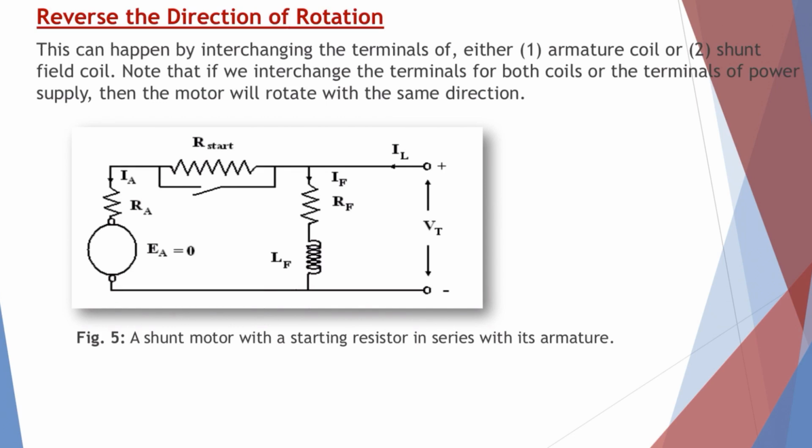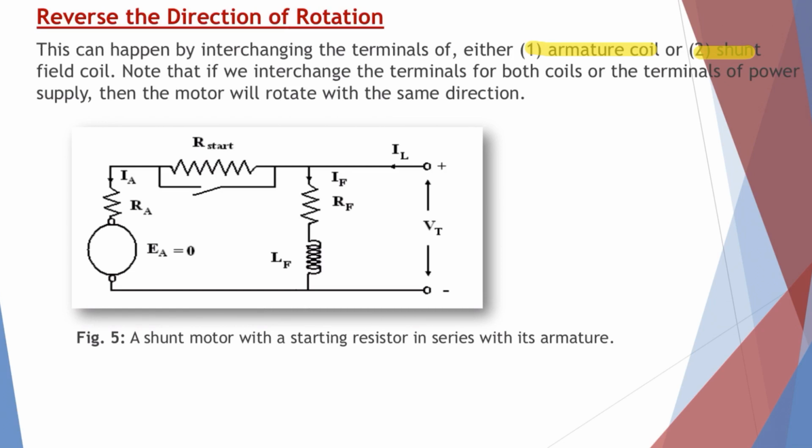Note that if we interchange the terminals for both coils, or the terminals of the power supply, then the motor will rotate in the same direction. So we have two procedures here: number one, interchange the armature coil, number two, or interchange the shunt field coil. Only one of them you have to follow.